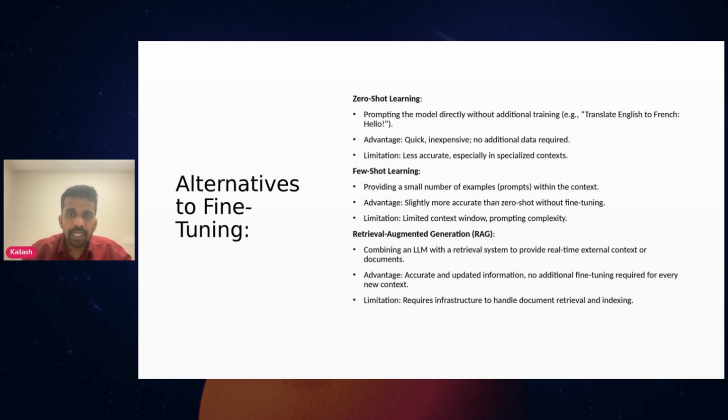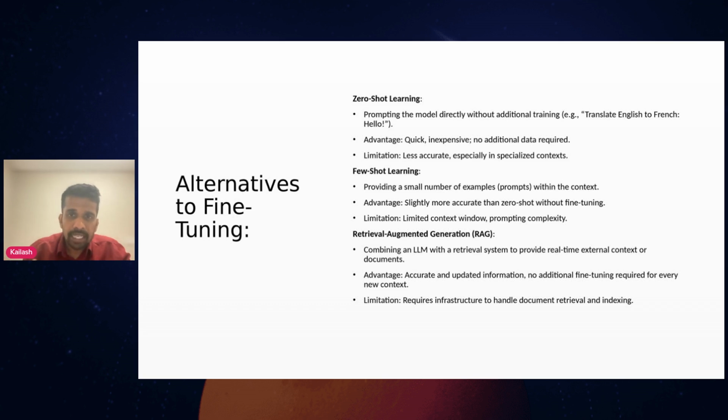So this is more like, you ask the model a quick, inexpensive question, like, can you translate this specific sentence to French or Spanish? The general pre-trained model is able to perform well. You don't need to fine tune the model to perform well on language translation. This is one example.